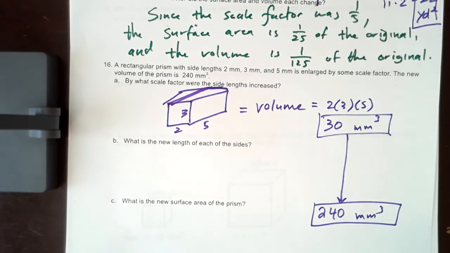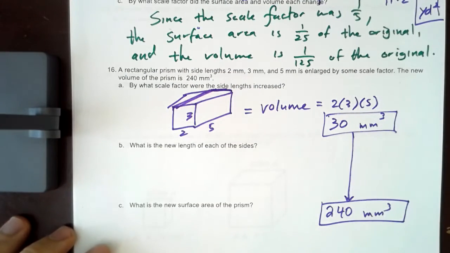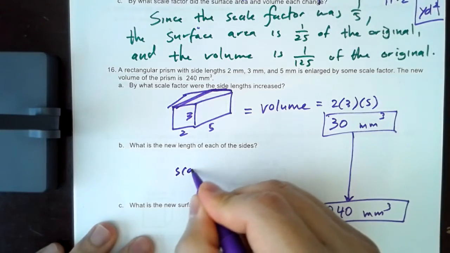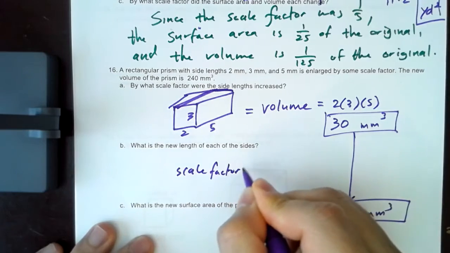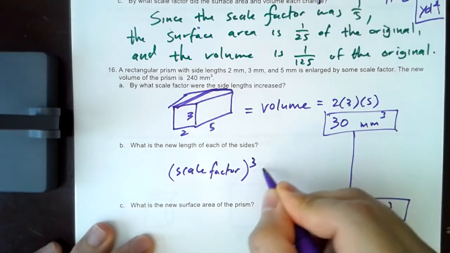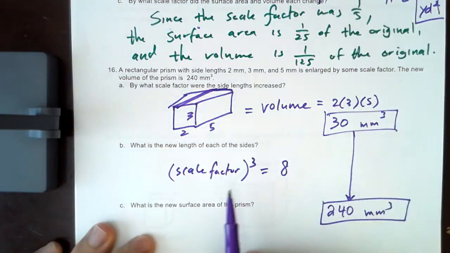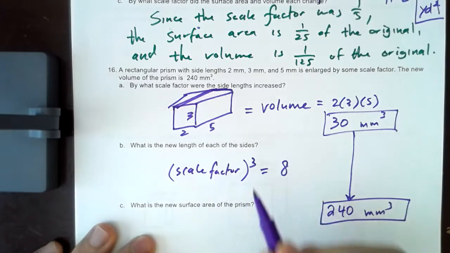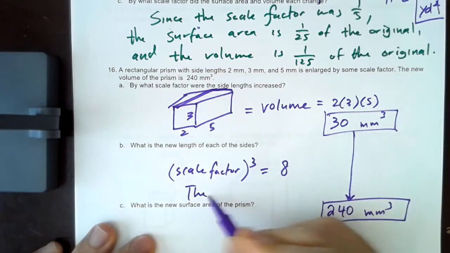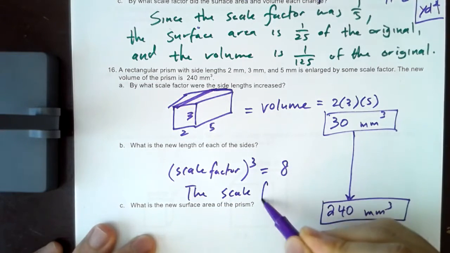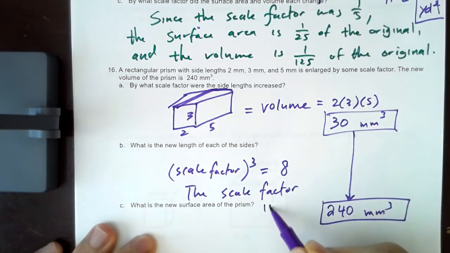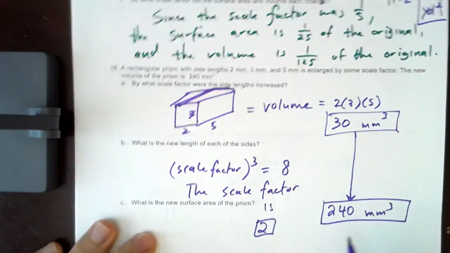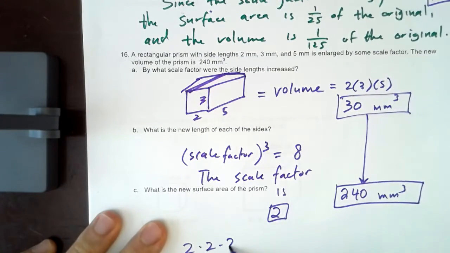Now, the volume is 8 times larger, but we also know that the scale factor cubed should be the ratio. So if the scale factor cubed is 8, that means that the scale factor must be 2, right? Because 2 times 2 times 2 is 8.